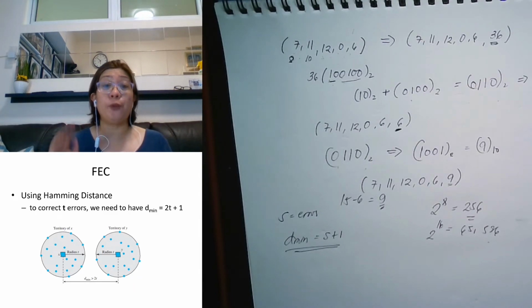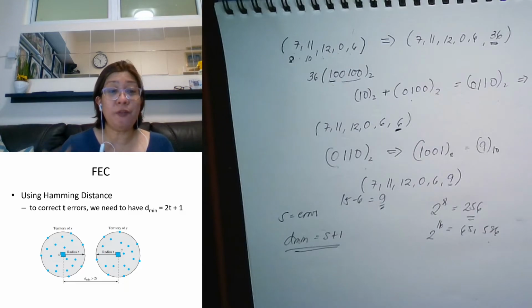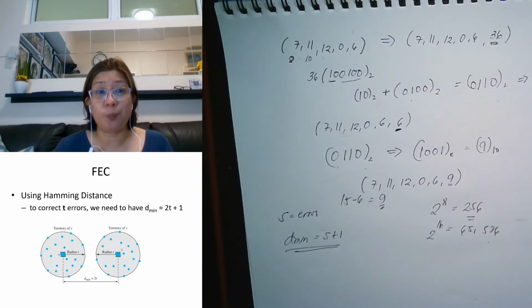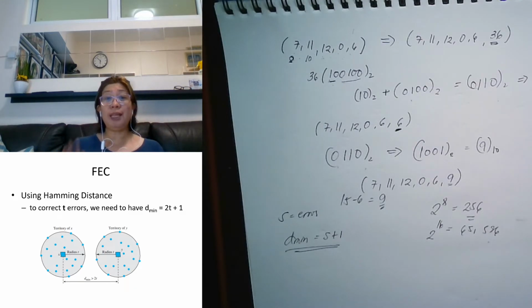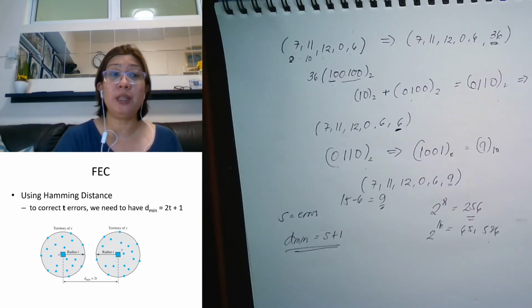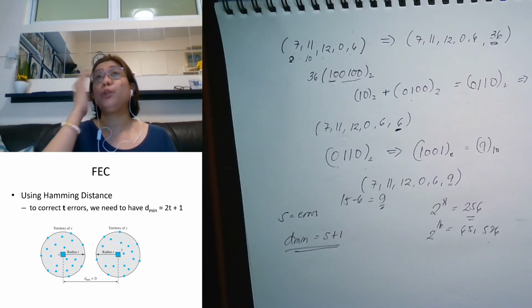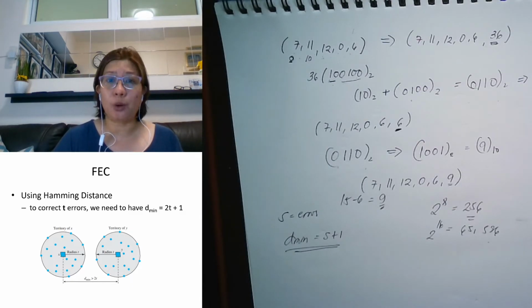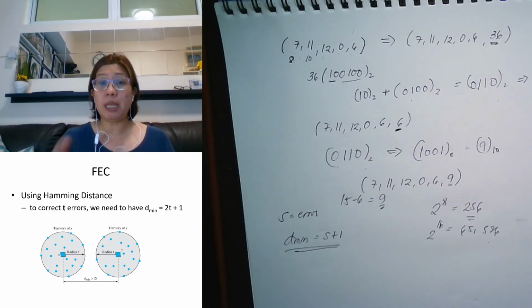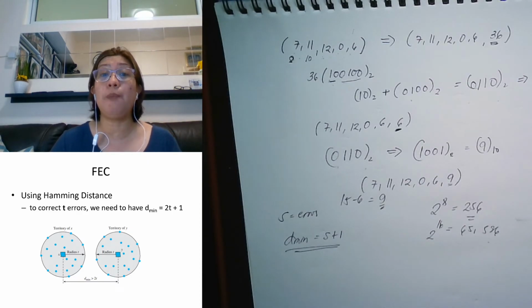Now, for error correction, we definitely need more distance. To correct T errors, for example, granted we have already detected T errors, we need to have the minimum distance equivalent to 2T plus 1.